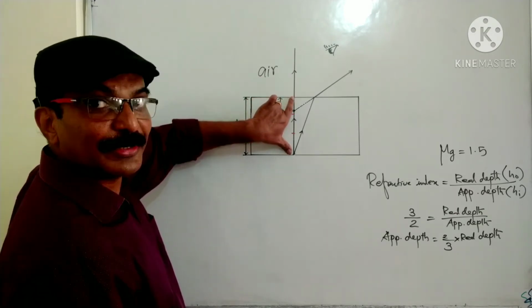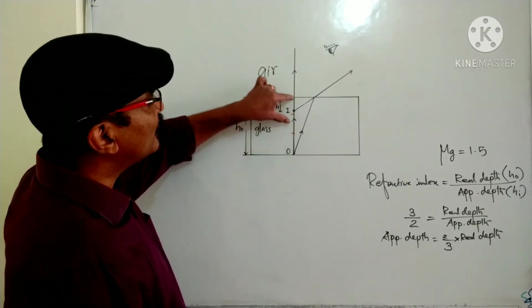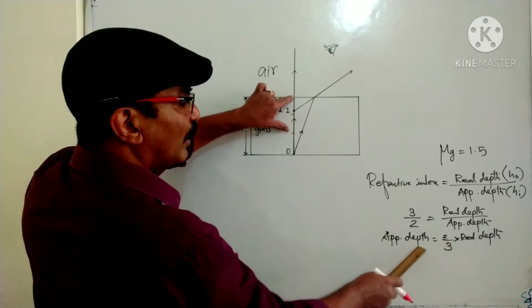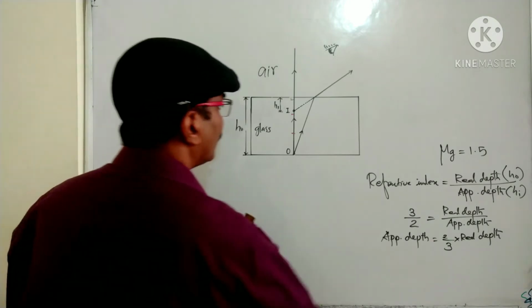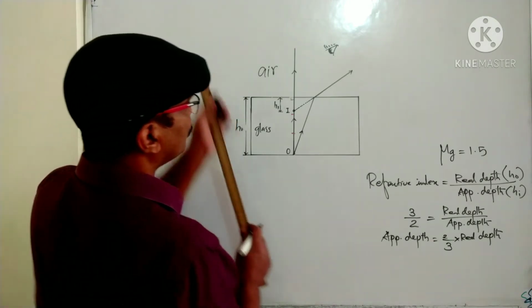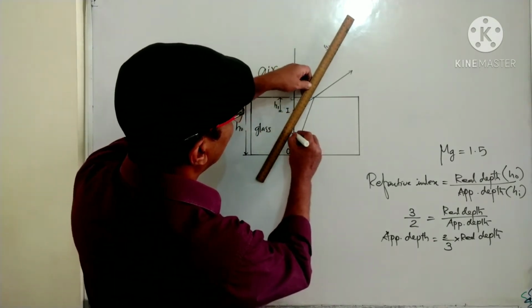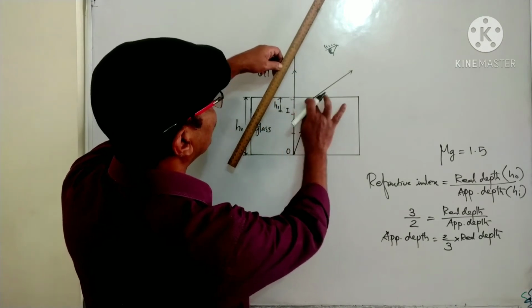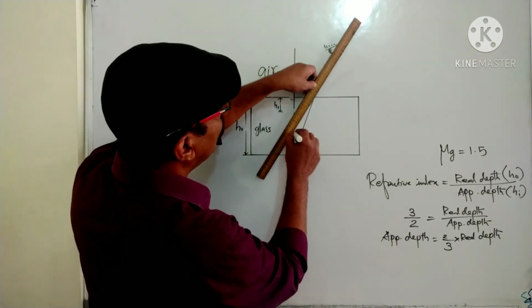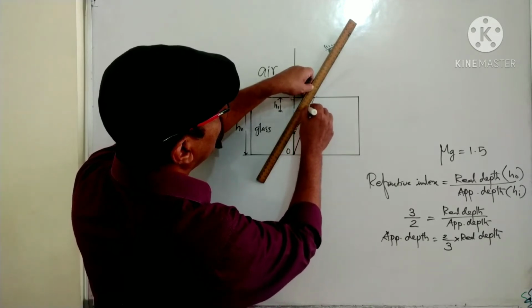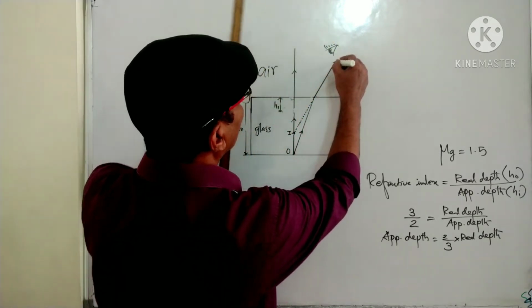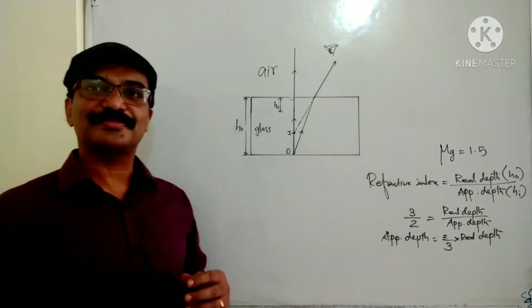This is the actual depth. Well, so as per this, apparent depth must be 2/3. So it should have been like this. The ray could have been drawn like this. Not here, and the refracted ray we can draw this way. That's it.